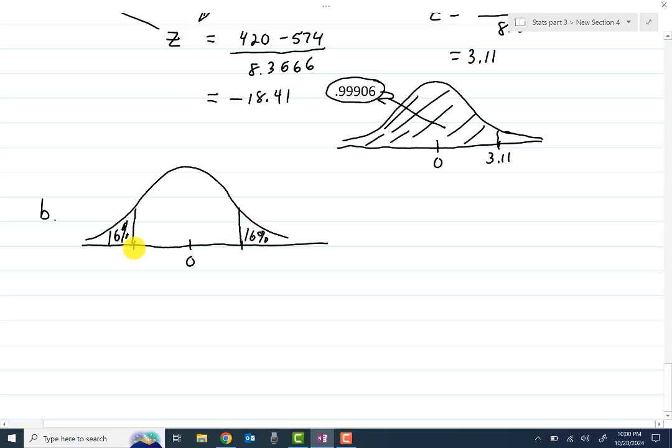That way this will be the 16th percentile right there, and this spot over here will be the 84th percentile. So let's first find on the table what negative value will give me 16% to the left.